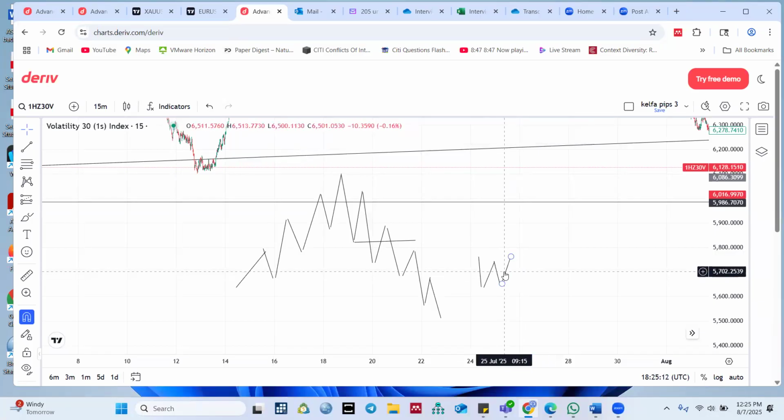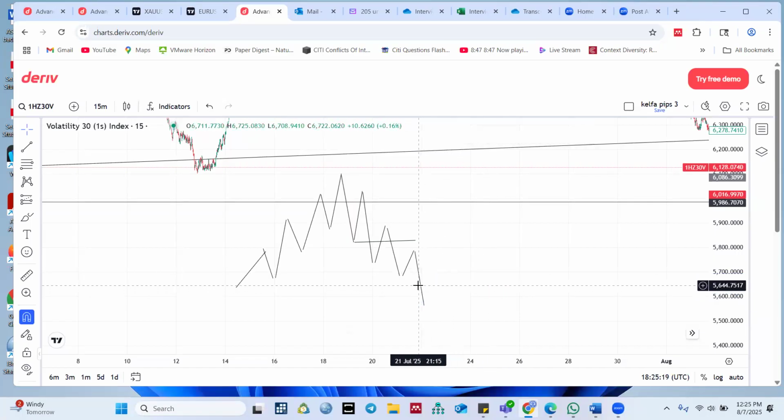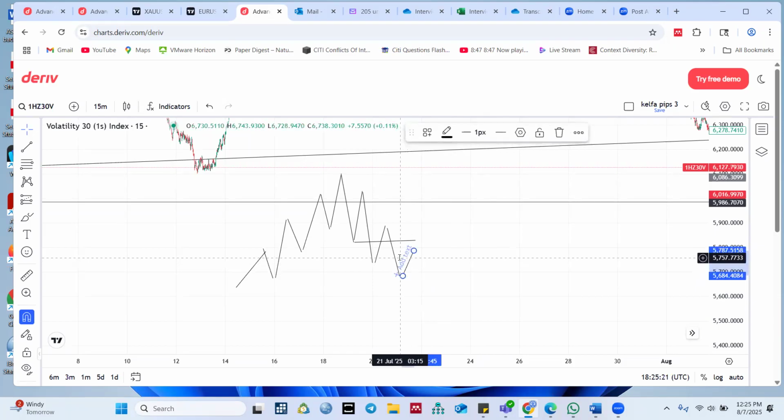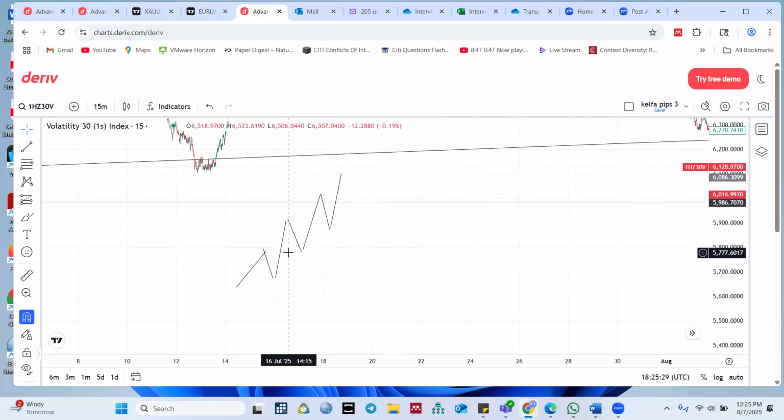Okay. So let's take, for example, a typical bullish situation, to understand market structure. We need to be seeing higher highs, higher lows, higher highs, higher lows.